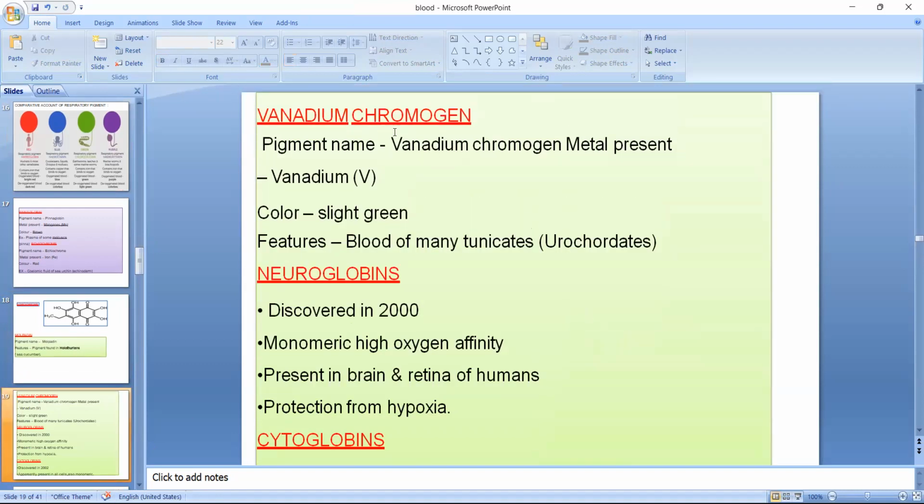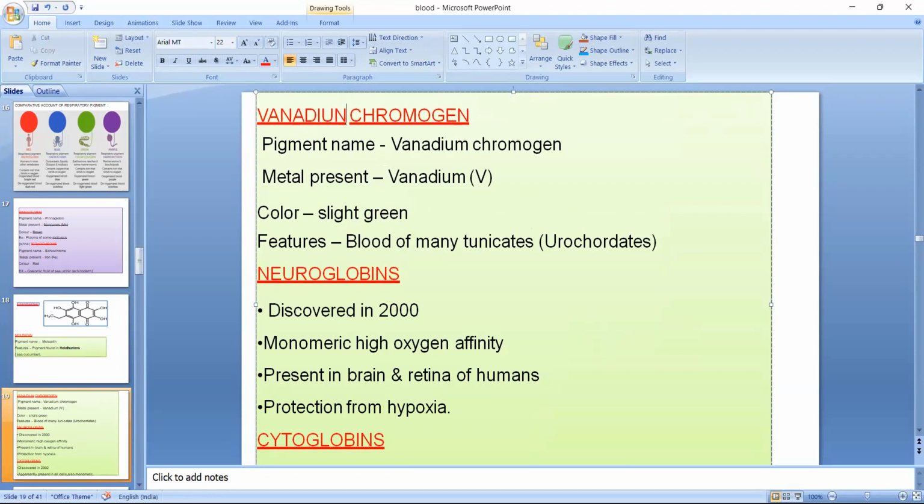Then vanadium, also known as vanadium chromogen, that means a color containing respiratory pigment. Vanadium is the metal ion present. Color is slight green.